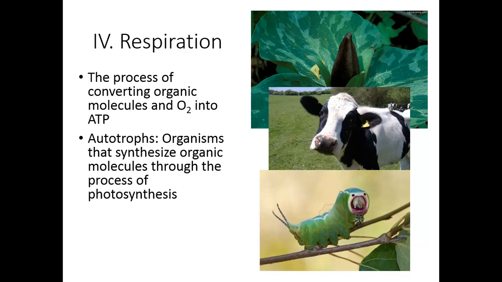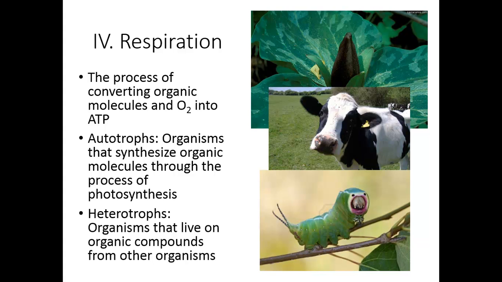So plants, algae, there's also certain types of bacteria that can also photosynthesize. Heterotrophs are organisms that either eat plants or eat other animals, that get their energy from organic compounds rather than from photosynthesis.